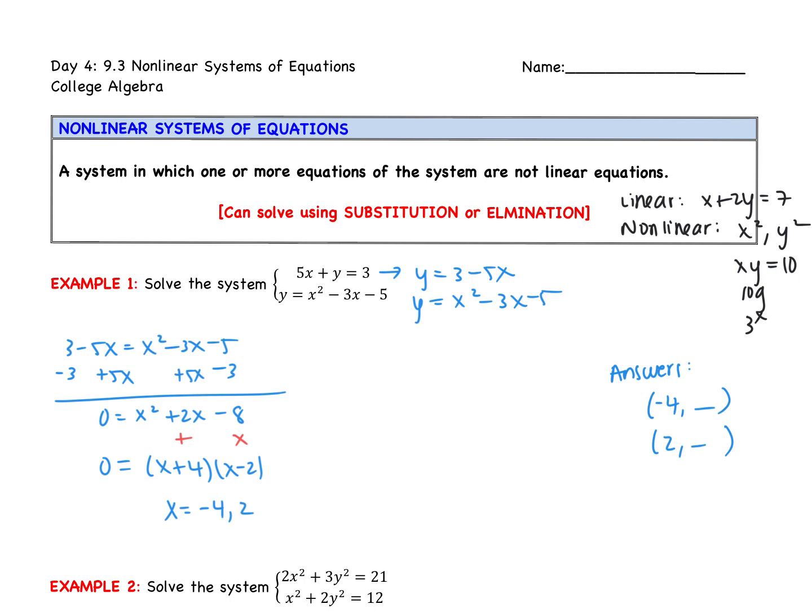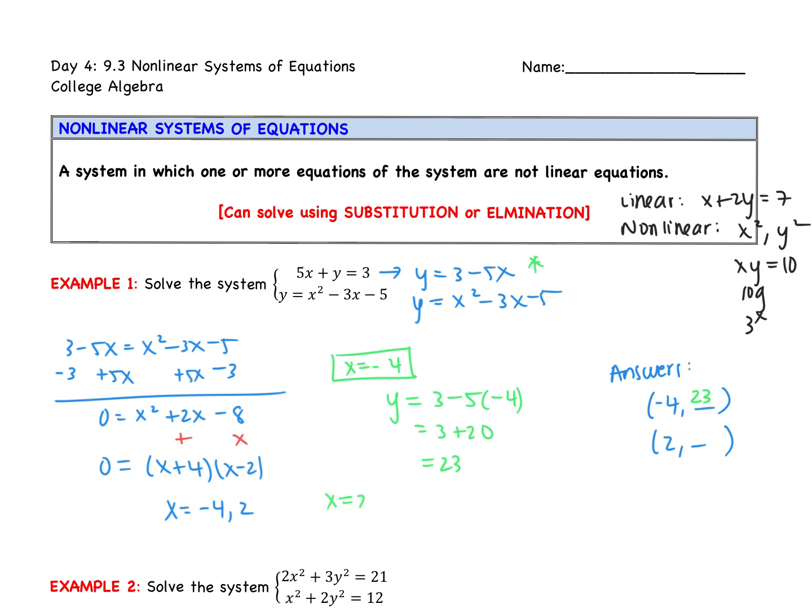Do less work. Okay, so if I plug in x equals negative 4, I'm going to get y equals 3 subtract 5 times negative 4, which is 3 add 20. So that y value is 23. So our first point is negative 4 comma 23.